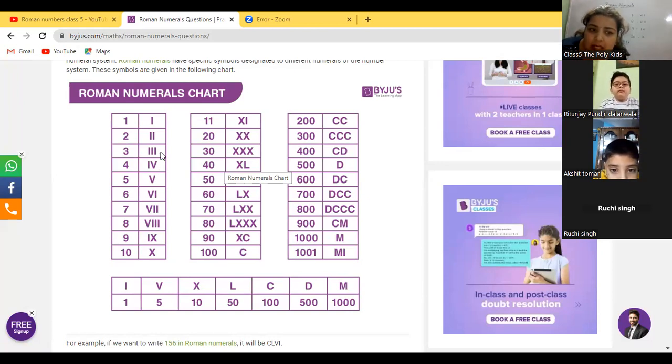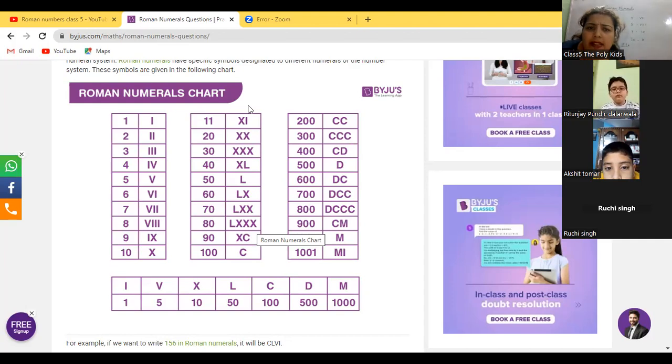You can see VIII, 3 times here, not more than 3 times. In 30, you can see XXX, not more than 3 times. It is XL for 40. In 300 also, C only 3 times.